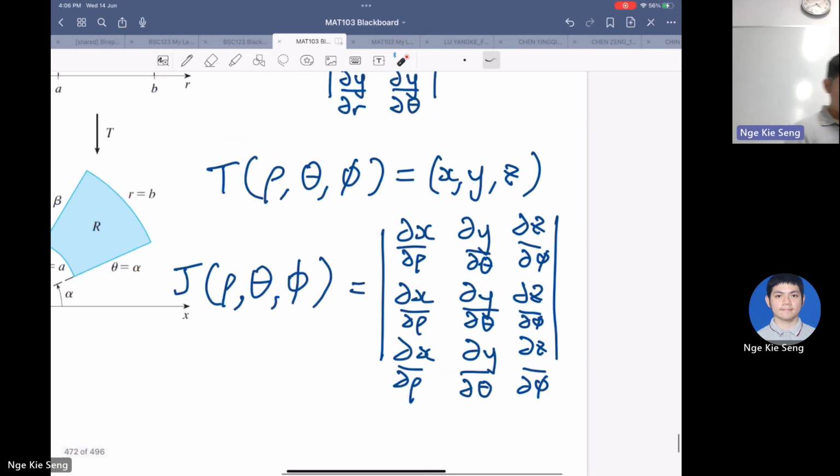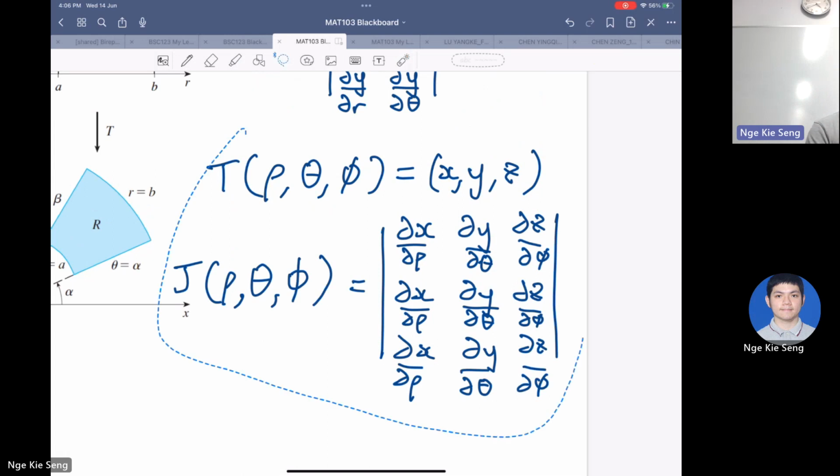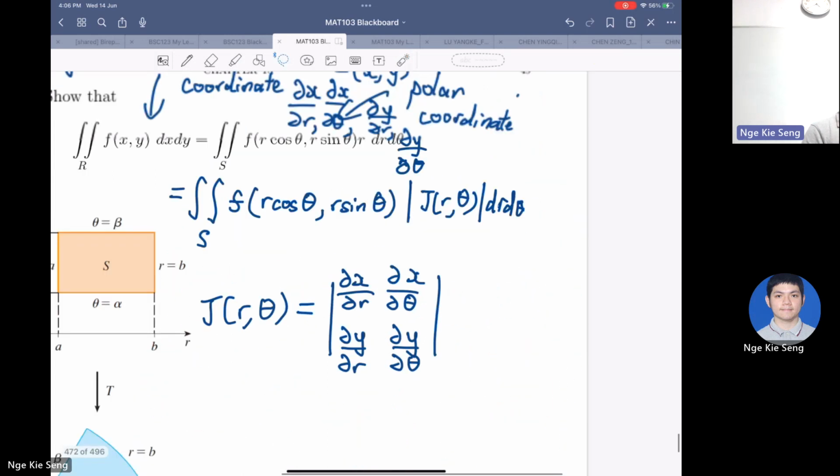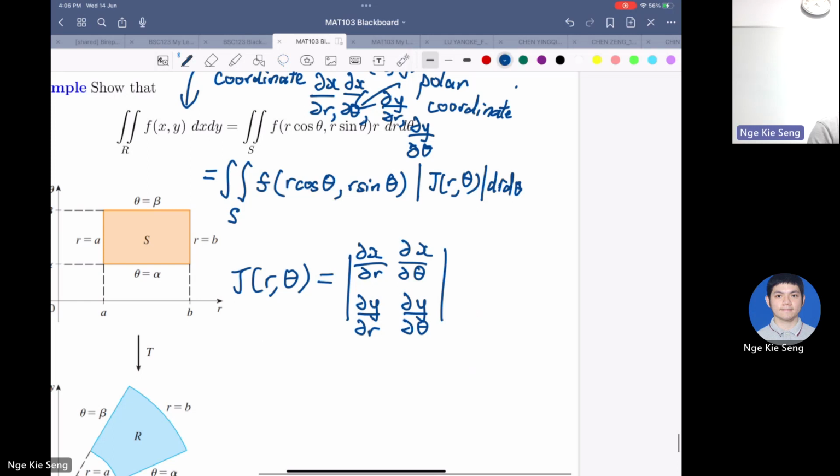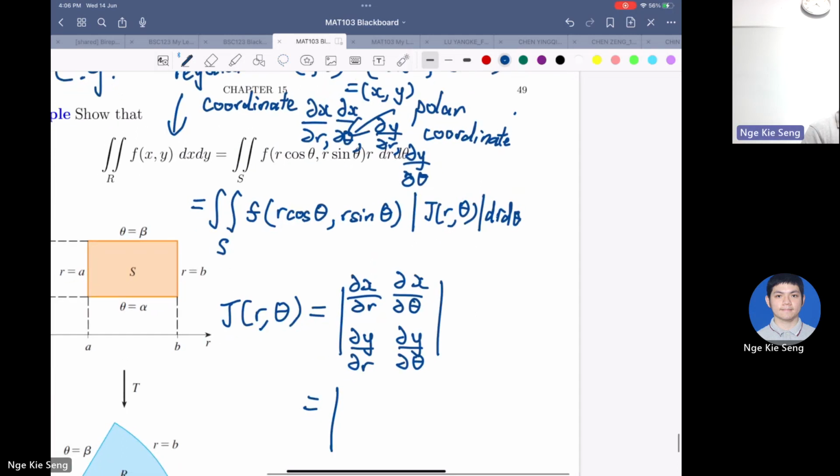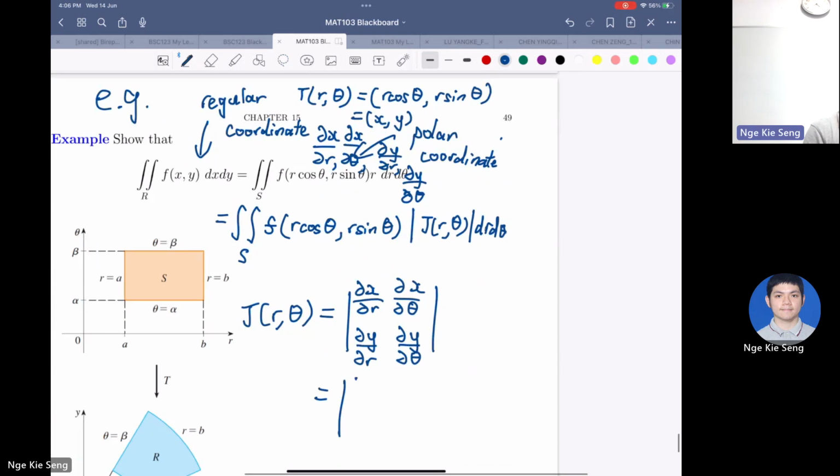Let's go into a definite example here and see what we get out of this determinant. In this case, we are differentiating r cos theta with respect to r, r cos theta with respect to theta, r sine theta with respect to r, and r sine theta with respect to theta.